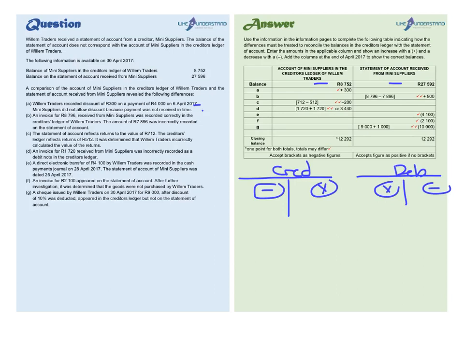So in our books, we showed this discount of 300 on the debit side, indicating that our outstanding debt reduces. We have to add it back now on the credit side because we did not receive this discount. So it means actually in our creditors' ledger, we will credit the creditors' ledger with 300 Rand.